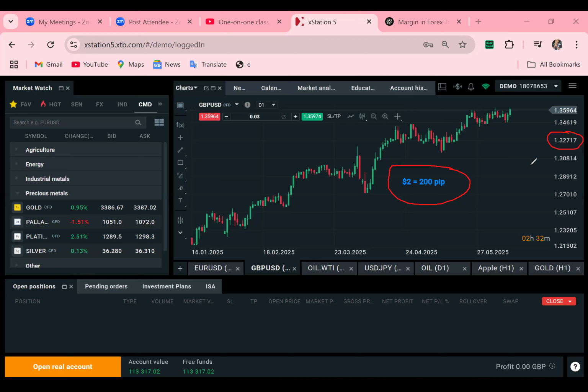But if I'm placing a trade of that same value on the platform, and I'm gaining $2, that means I'm doing 200 pips. And the reason why we are having pips is because Forex trading is done on margin, not like the physical transaction. Yes. And what is that example of margin?